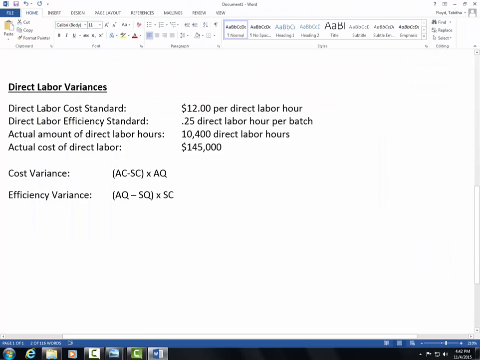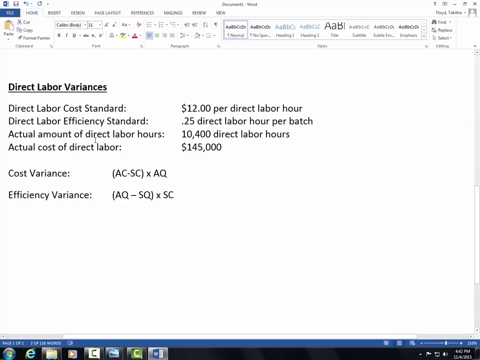All right. So our standards are given to us in the book on page 1236. Our direct labor cost standard is $12 per direct labor hour. Our efficiency standard, we expect each batch of crayons to take 15 minutes to make, 0.25 of a direct labor hour.